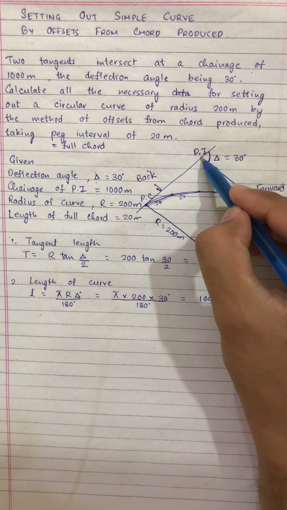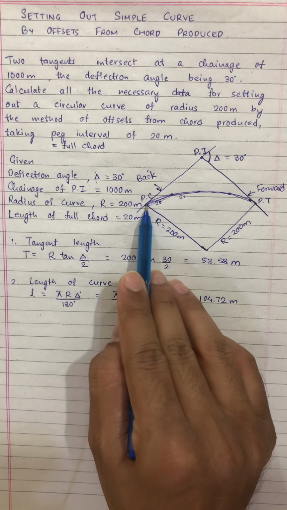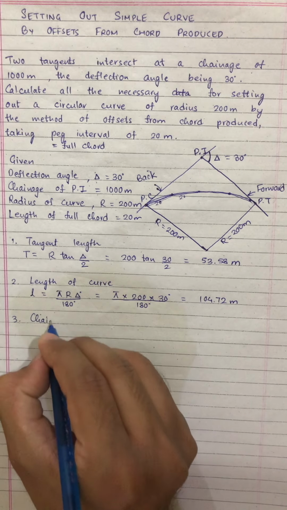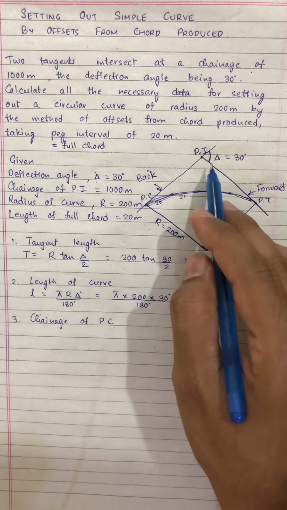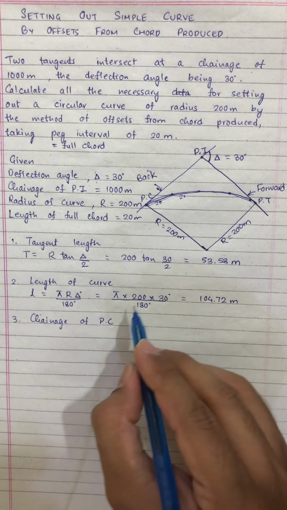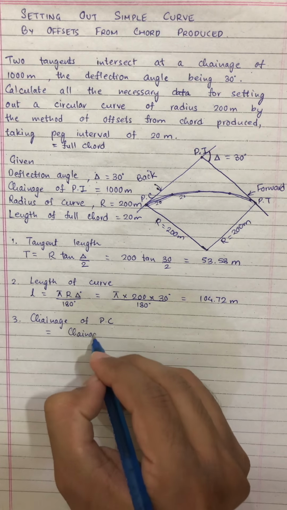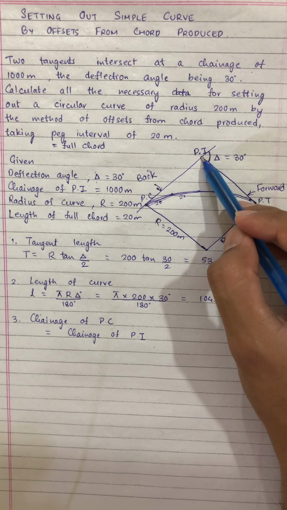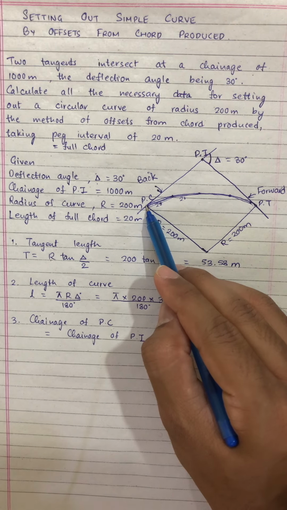Now as the chainage of point of intersection PI is given, we need to find the chainage of PC as well as the chainage of PT. How will we find the chainage of point of curve PC? The chainage of PC will be equal to the chainage of PI, from which if we subtract the tangent length T, we will get the chainage of PC.